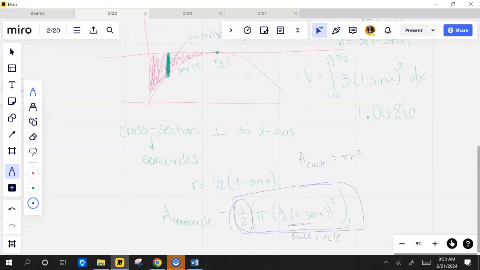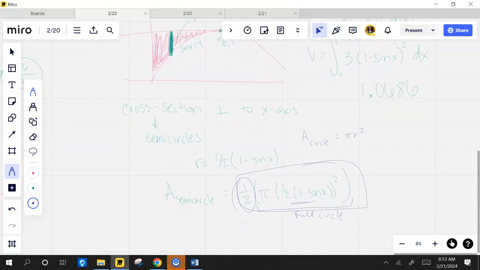We all got... I got 0.089. I'm missing yours. All right, 0.5 times pi times 0.5 times 1 minus sine x dx. The 1 minus sine x is what gets squared.